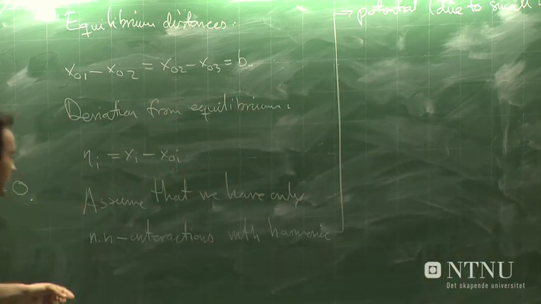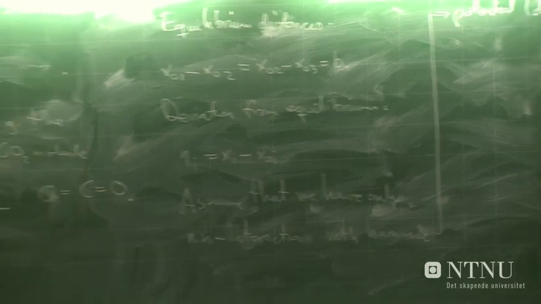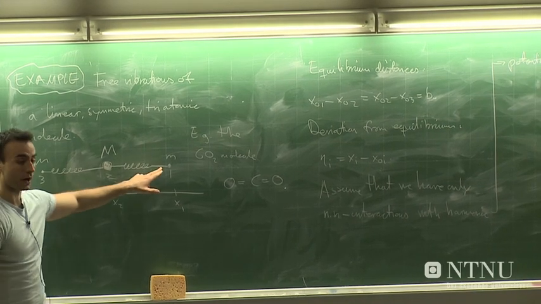So assume that we have only nearest neighbor interactions with a harmonic potential due to the smallness of this eta i. So by nearest neighbor, I mean that we only have an interaction between the oxygen atom and the carbon atom, and not any interaction between the two oxygens.